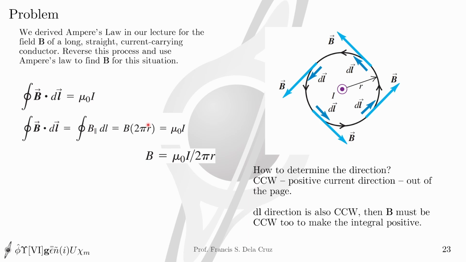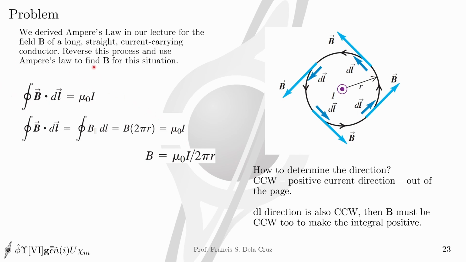We derived Ampere's law in our lecture for the magnetic field B, or magnetic flux density B, of a long straight current carrying conductor. We're going to reverse this process and use Ampere's law to find the magnetic flux density B for this situation. For example, we have this wire. We know that from this wire there's a current. We might want to know what would be the magnetic field due to this long current carrying wire.